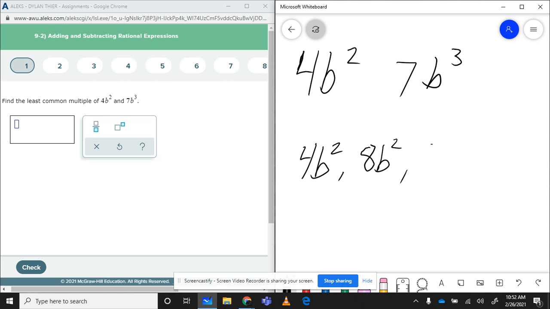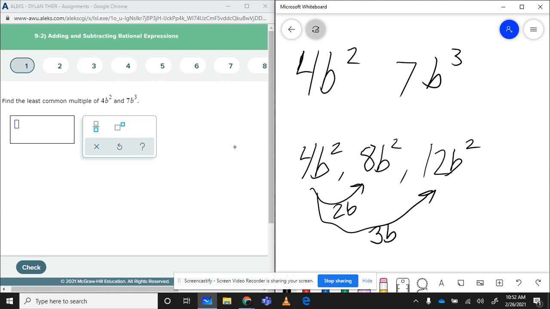If I do it like this, then I am never going to get to a common multiple with this number, right? Because I'm just going to end up with b squareds up here. So instead of multiplying by 2 and by 3, I should multiply by 2b or 3b. That will make my multiples a higher order on the b value.